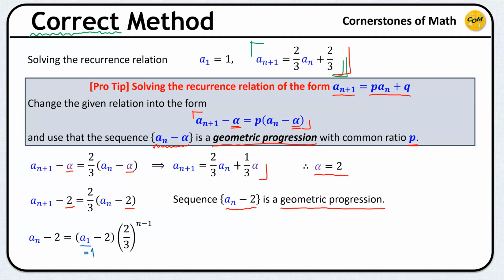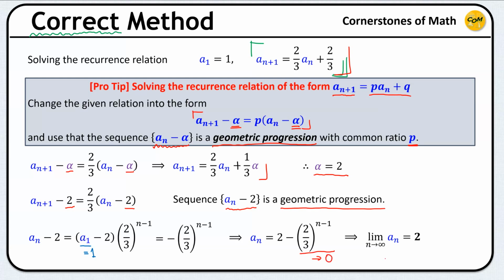Here a_1 equals 1, so the constant in the front becomes negative 1, so we have negative (2/3) to the power of n minus 1, which gives the general term a_n equals 2 minus (2/3) to the power of n minus 1. And if we take the limit, this part tends to 0, so we obtain the limit value of 2.